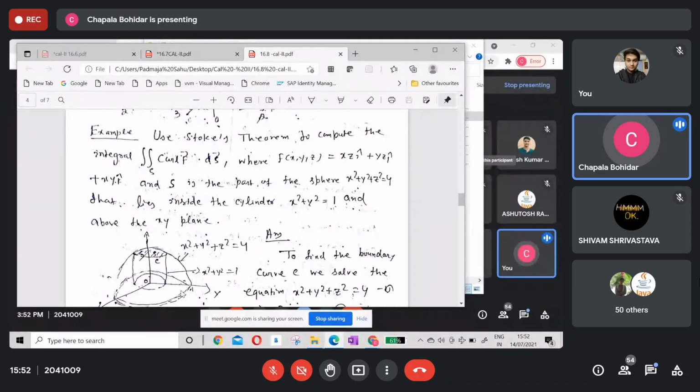Using the Stokes theorem, you know the formula: the double integration over the surface of curl F dS is a single integration over the curve of F dot dr. I am using that formula, F dot dr. We can write that as F of r(t) dot r dash t dt, by converting to the parametric form of a single variable, not a double variable. It is the curve, it is not the surface.